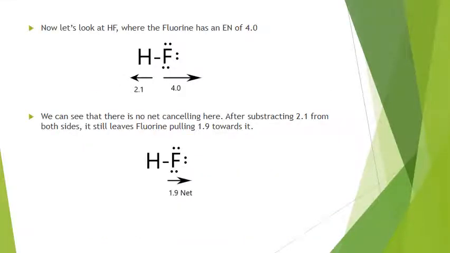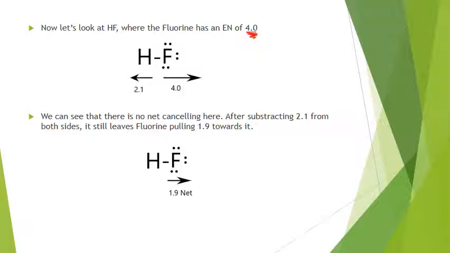Okay, so now let's take a look at another molecule. What we can do is replace one of the hydrogens with a fluorine. In this case, fluorine has an electronegativity of 4.0, and there are periodic tables that have these numbers that you can look up. So you have fluorine pulling with 4.0 to the right, and 2.1 to the left.